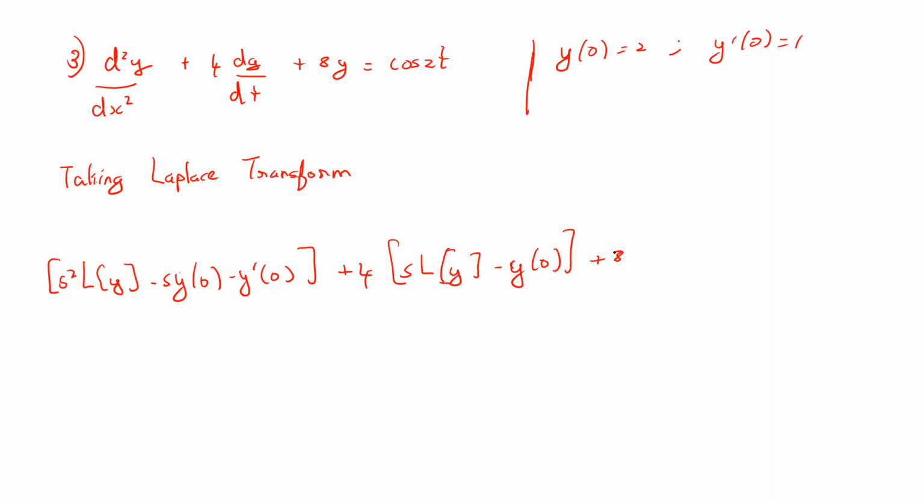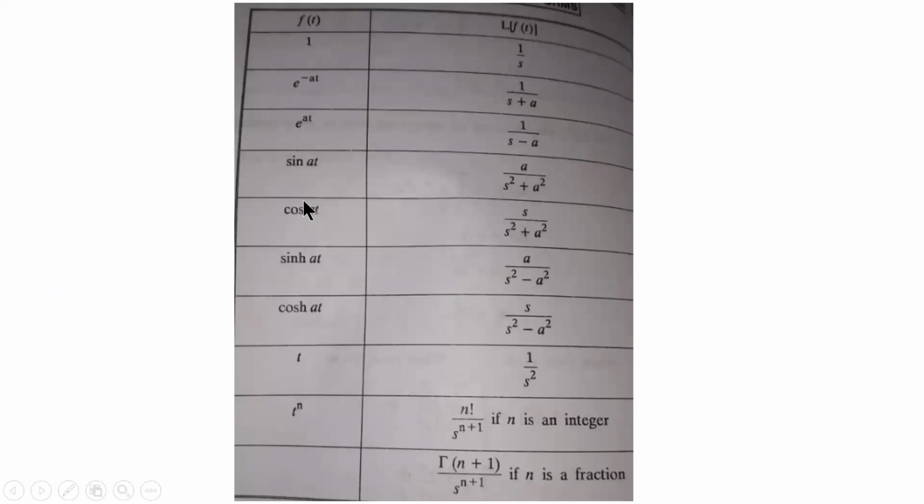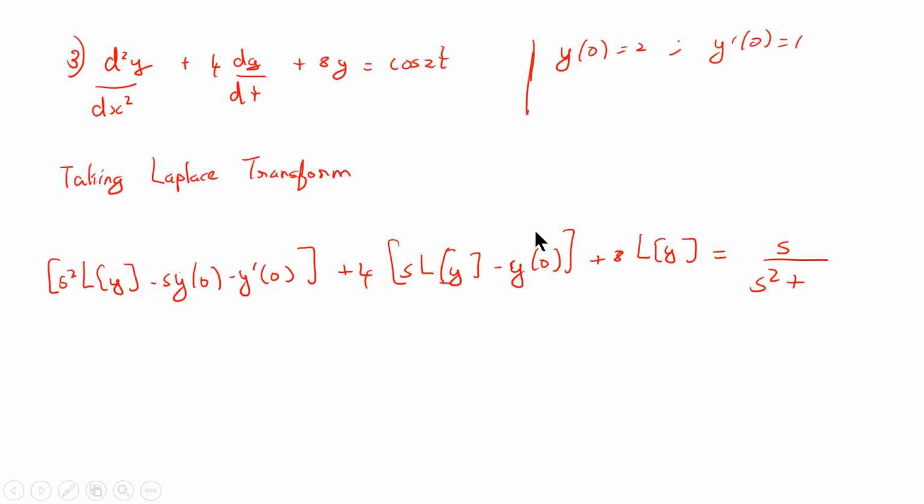And then we have the Laplace transform of y. So the left hand side we've taken the Laplace transform. On the right hand side, the Laplace transform of cos 2t is s by s square plus 4. It is nothing but the Laplace transform of cos of at, where a is 2, so we get s by s square plus a square. 2 square is nothing but 4.